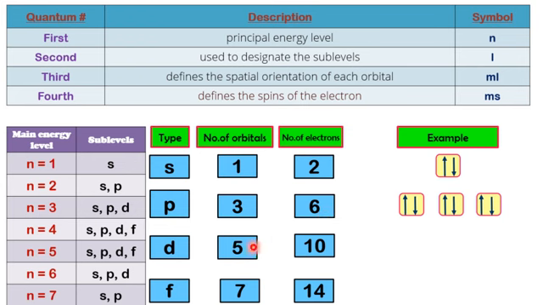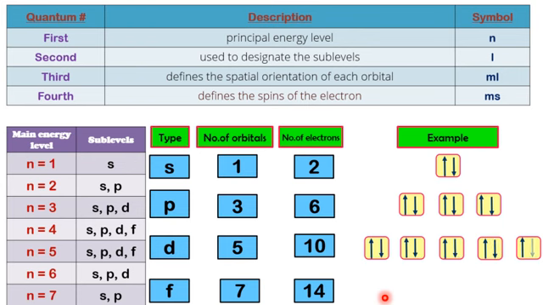How about in d? We have 5, so 1, 2, 3, 4, 5 orbitals. And since we have 5, we can now draw the arrows which represent the electrons. So arrow up first, 1, 2, 3, 4, 5. Then arrow down, 6, 7, 8, 9, 10.